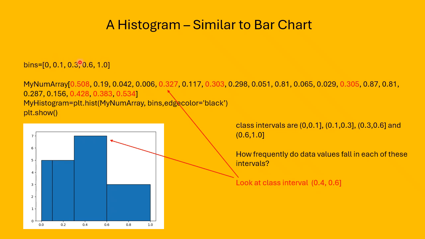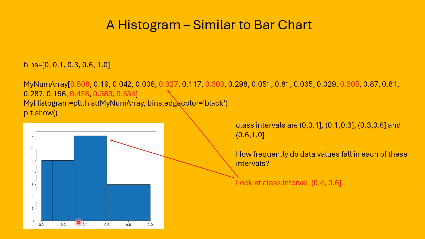What this gives us indirectly are the class intervals. When we make our histogram, which looks something like a bar chart down here, we have one interval going from 0 to 0.1 right in here. Then we have another class interval going from 0.1 to 0.3.